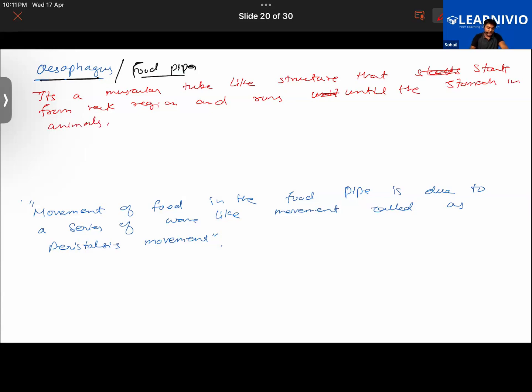So the food that is chewed in the mouth goes to the stomach via this structure. So food in the mouth goes to the esophagus, and finally from the esophagus it will go to the stomach.